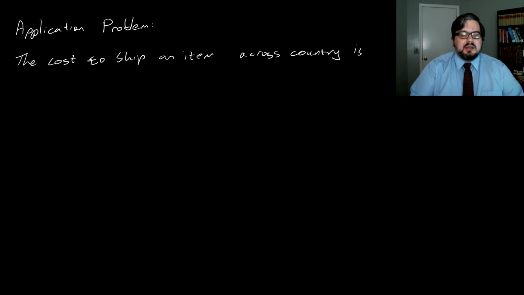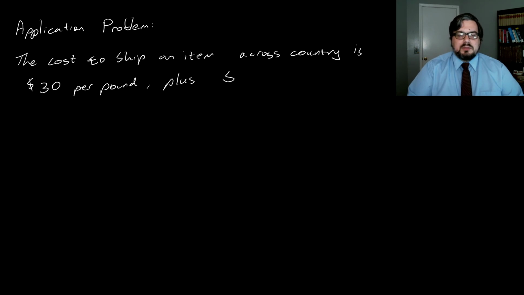The cost to ship an item across the country is $30 per pound plus $56 in administration cost.